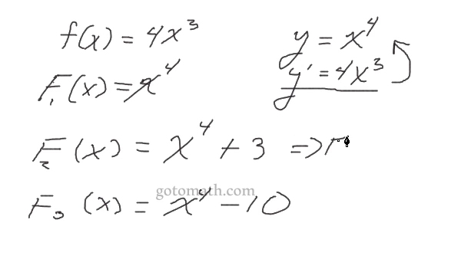So I'm going to write F2 prime of x, and the derivative of this is 4x to the third. So on all of these, we're going to be able to take the derivative of the antiderivative to get back this function up here.